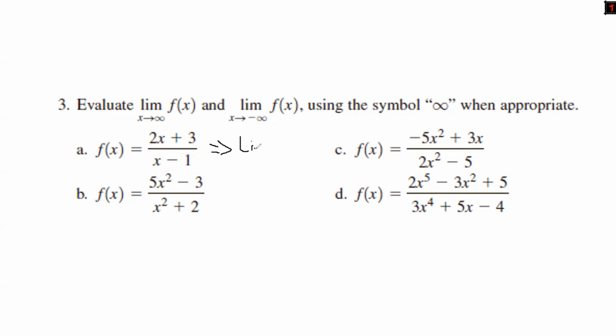We know the limit as x tends to infinity of the expression 2x plus 3 over x subtract 1. If you substitute x for infinity here, you're going to have a problem: infinity divided by infinity, which cannot be solved, right?